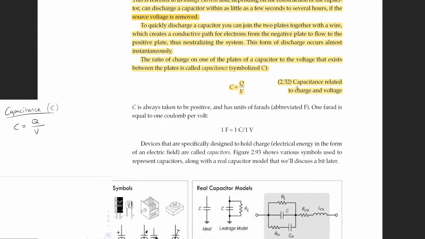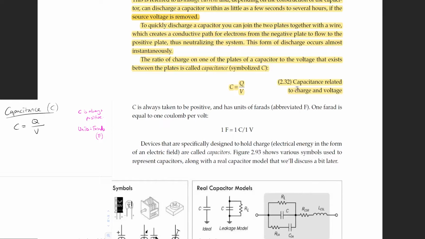Cool. C is always taken to be positive and has units of farads, so you can't get negative capacitance. Units: farads.